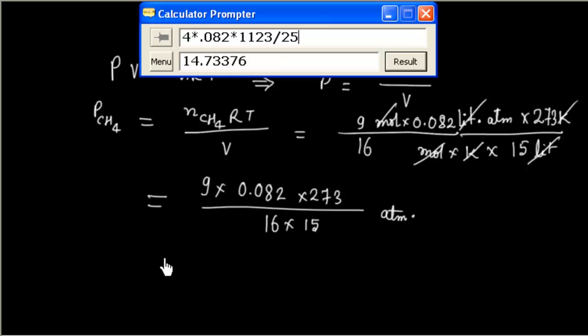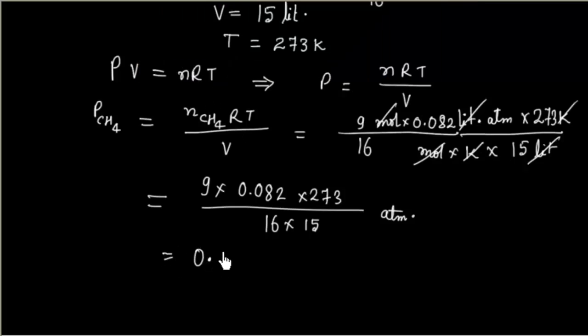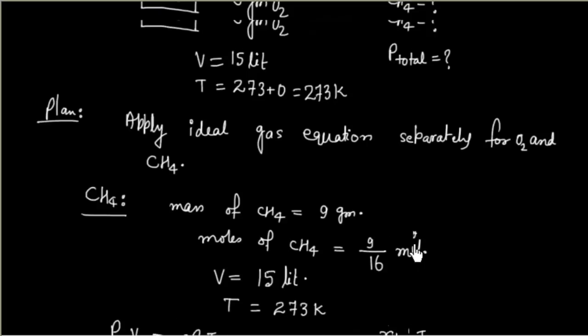So calculate this value. So this value is 0.839 atmospheric pressure.